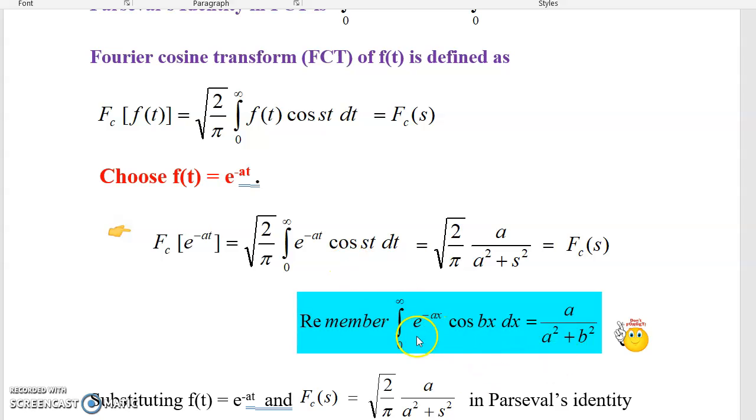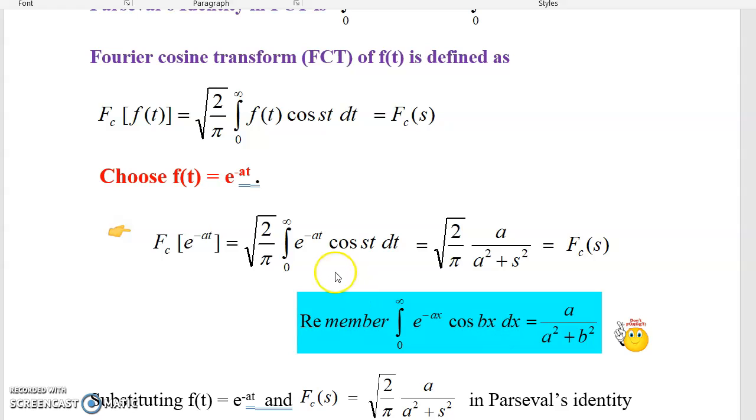So look at this integration formula, which is a basic integration formula. We have integral 0 to infinity e power minus ax into cos bx dx. We can make use of this formula. So is it not of the same pattern here? Yes, we can compare this, and we can make use of this answer here. So here already root of 2 by pi is sitting outside.